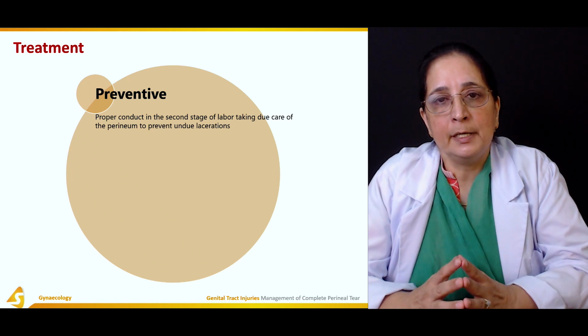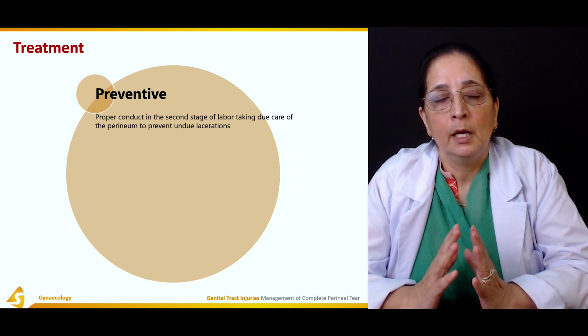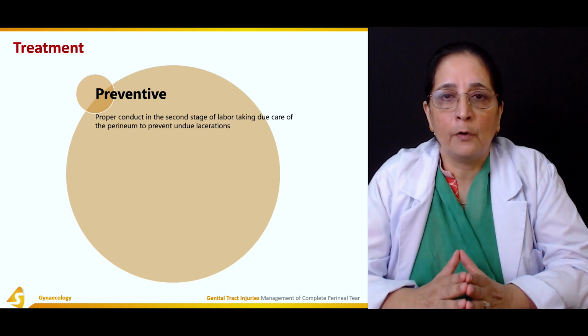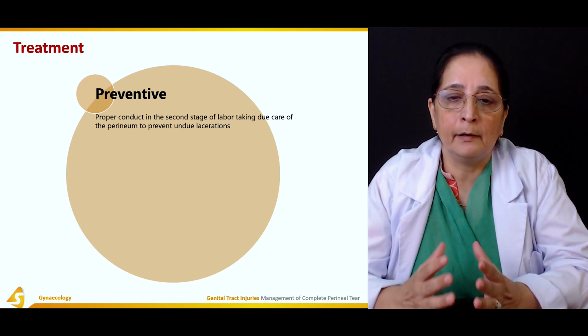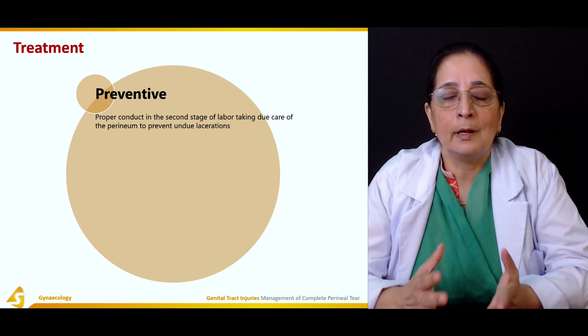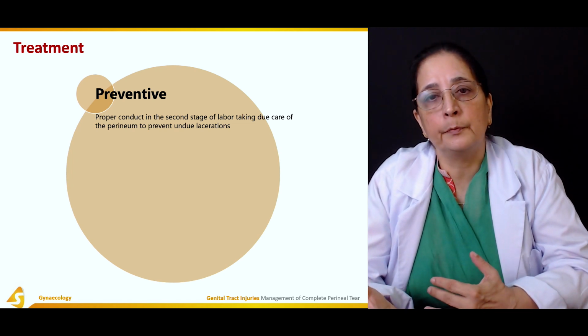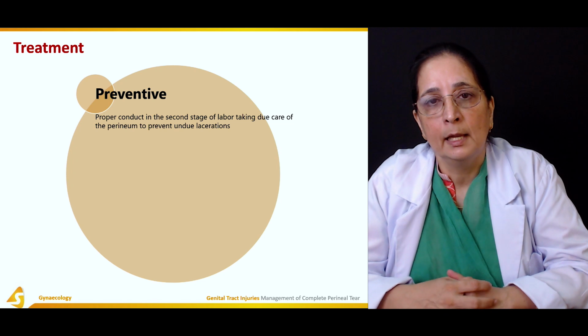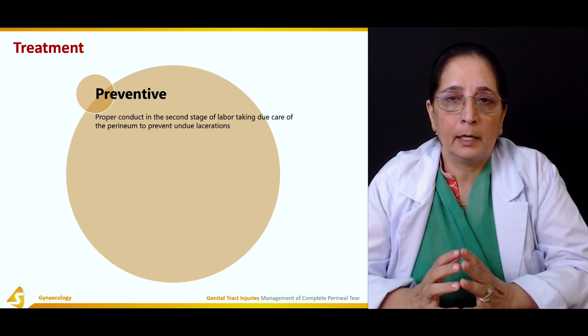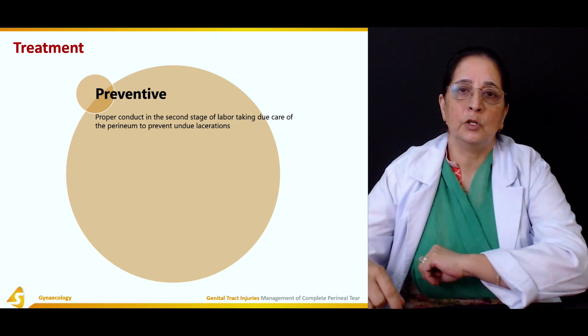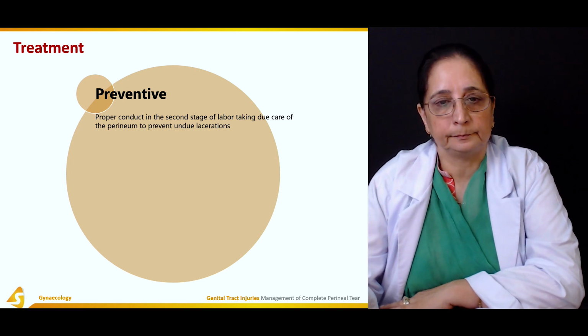If the patient needs episiotomy, it is good to perform episiotomy that can avoid the irregular injury or laceration that will cause problems later on for the repair and the healing. So proper conduct of the second stage of labor is important.